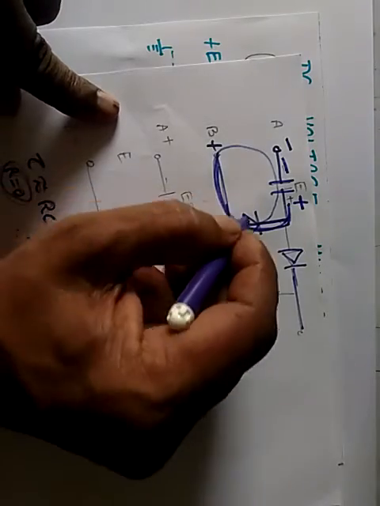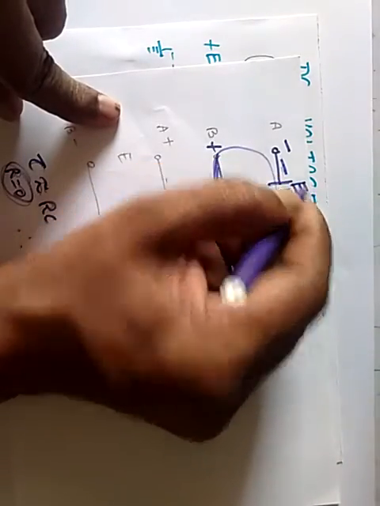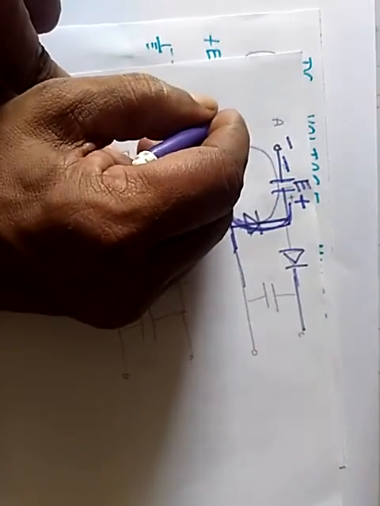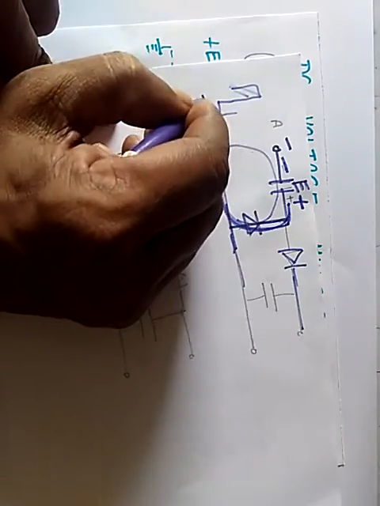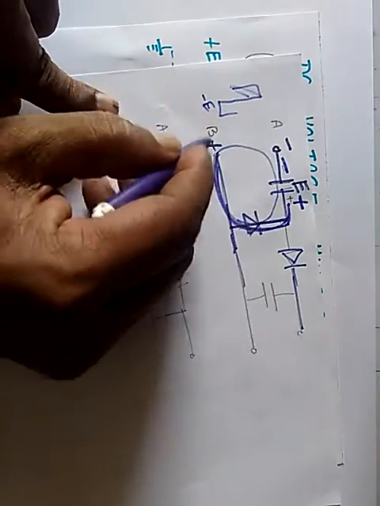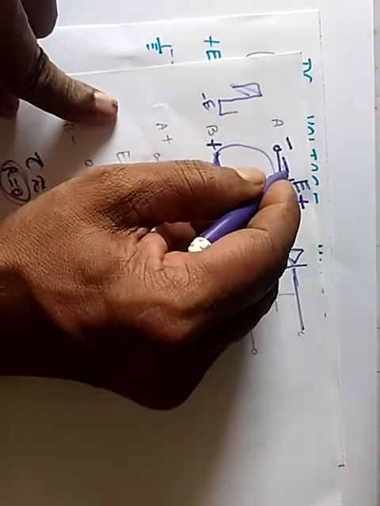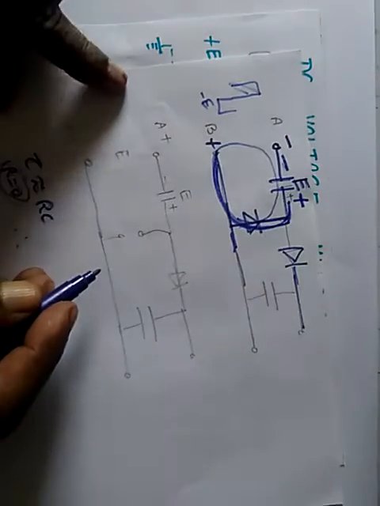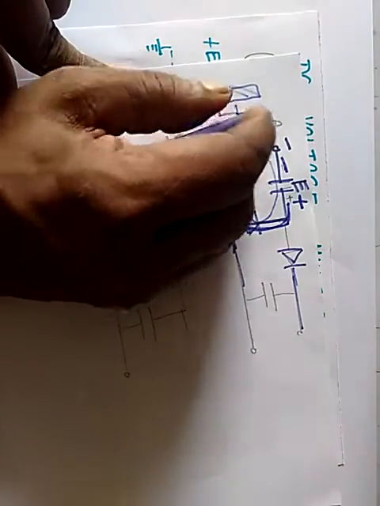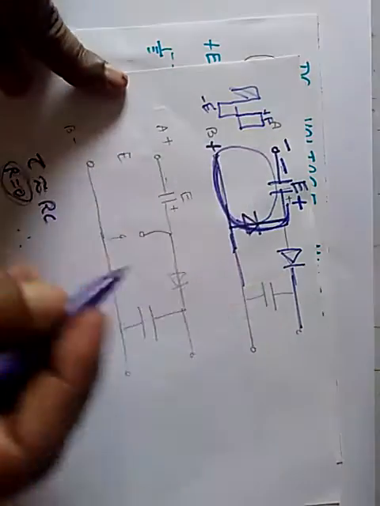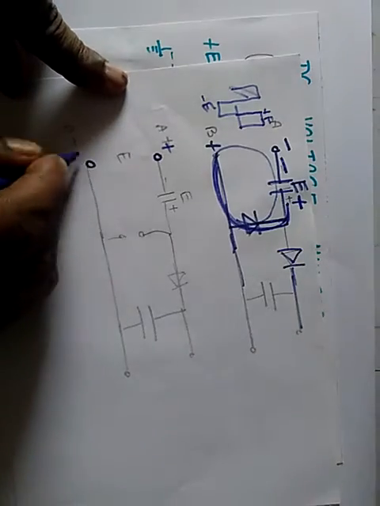R value 0 means within no time the capacitor will charge to the voltage E. Now in the next cycle, the input goes from minus E to plus E.